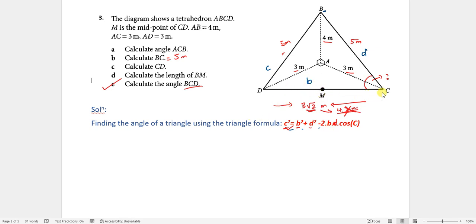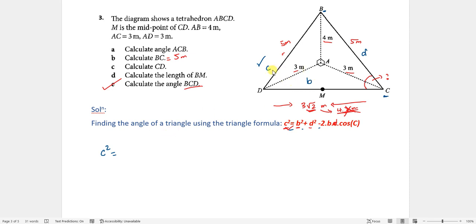Now they ask us to find angle C, so we start with this side. If they ask you to find angle C, before the bracket we are going to see C square. If they had asked us to find angle D, then here we would have D instead of C. So C square is equals to, what are the remaining letters? If you can remember this concept, you don't even have to memorize the formula.